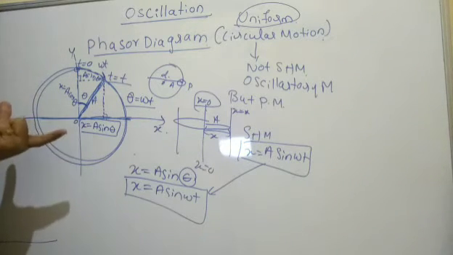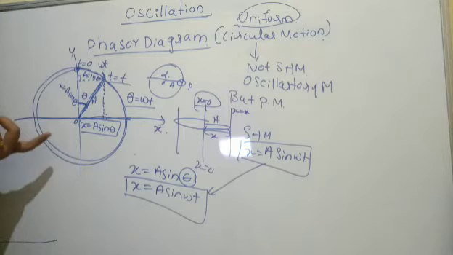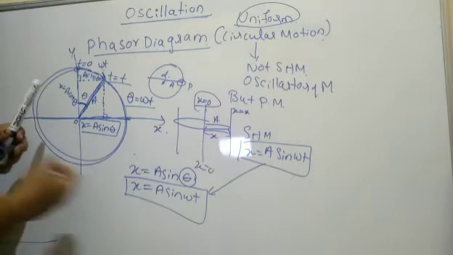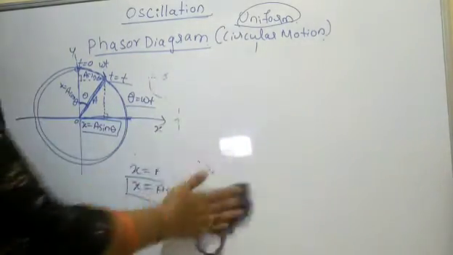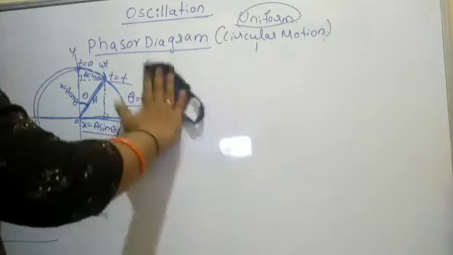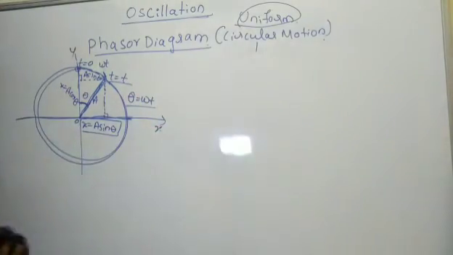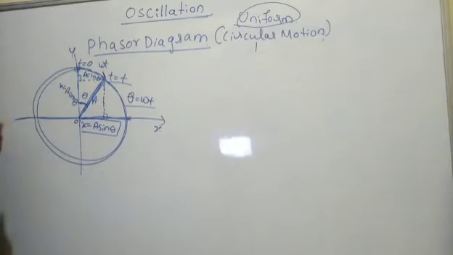So in this, how it acts like a to and fro motion, let us move ahead. This part with the equation we have proved, it's a projection. It's going to act as the equation of simple harmonic motion. By keeping this diagram only, we'll go ahead with understanding it's a projection here.